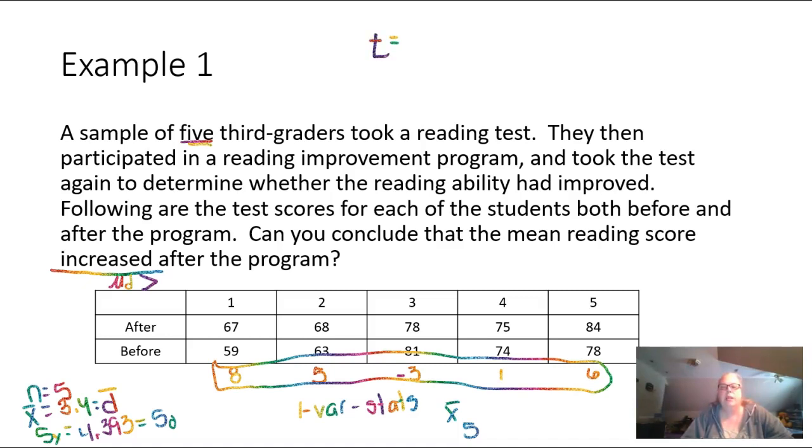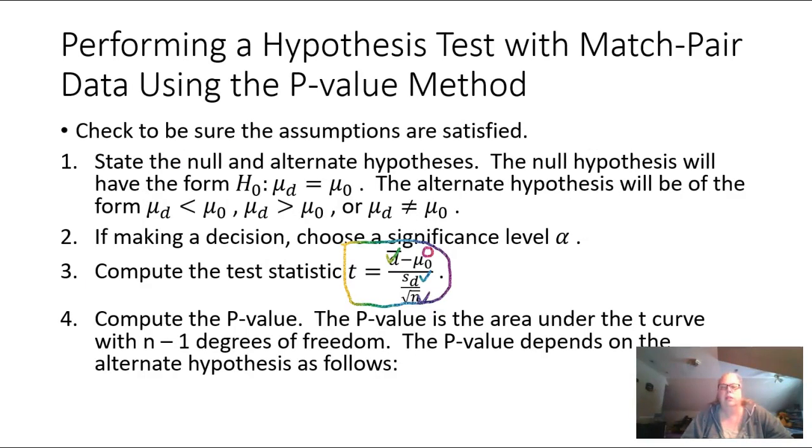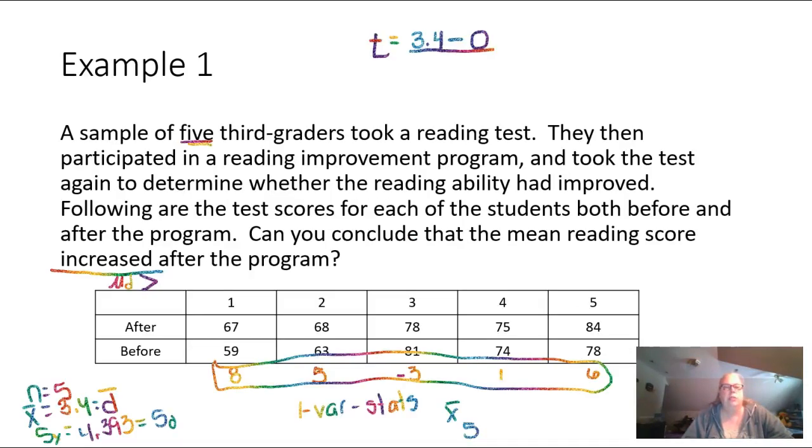It is going to be the mean of my differences, which we just found to be 3.4, minus 0, because that would be that there was absolutely no difference at all between after they took the test and when they didn't. All right, we are going to divide this by our standard deviation. Remember, this whole thing down here is called the standard error. So the standard deviation for those differences we found to be 4.393.